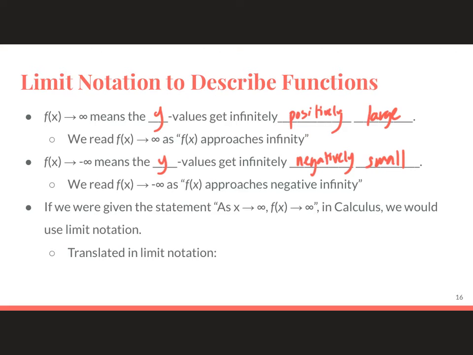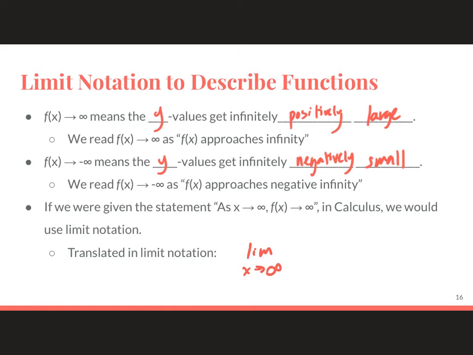So we talked about how we can talk about y's. It's the same for x's. If we were given the statement, as x approaches infinity, f of x approaches infinity, in calculus we would use limit notation. So that statement translated in limit notation: we write lim to indicate limit. Underneath our limit, we write our x behavior, so as x approaches infinity.